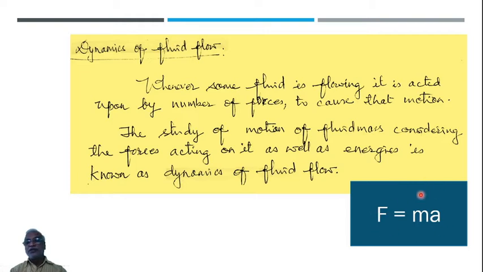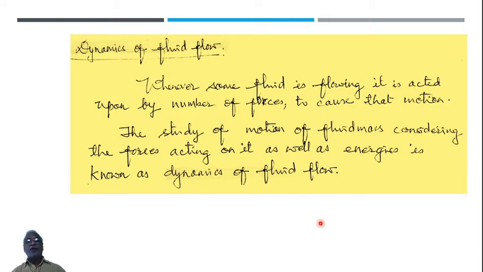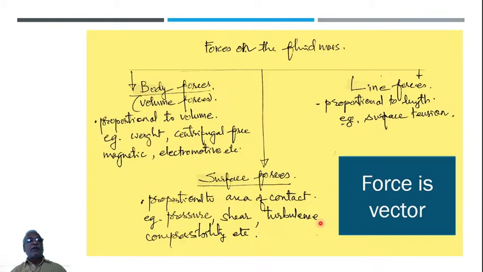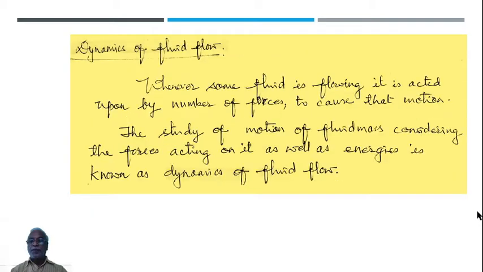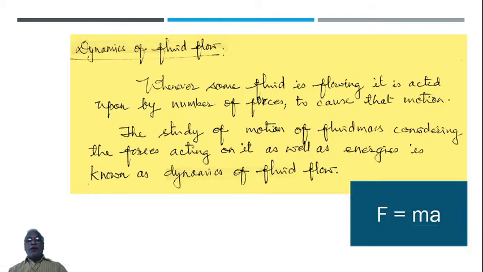So major equation that comes into picture is F equal to ma. Anyway, F equal to ma is the major force which will be linking force as well as motion, because motion consists of acceleration and then the force which is causing the motion is F. They are linked through this equation, right?